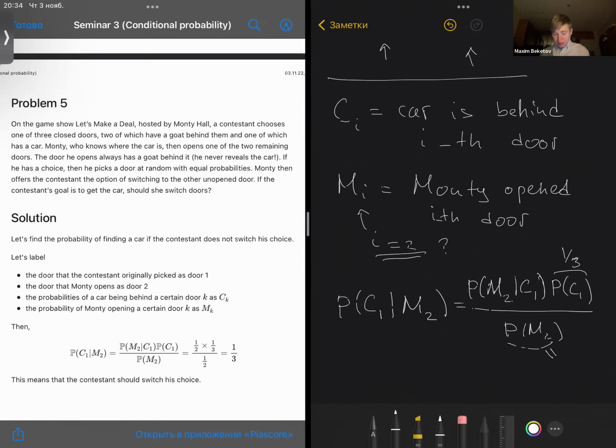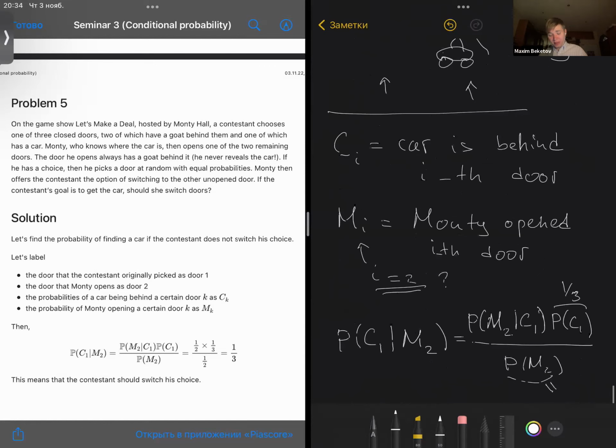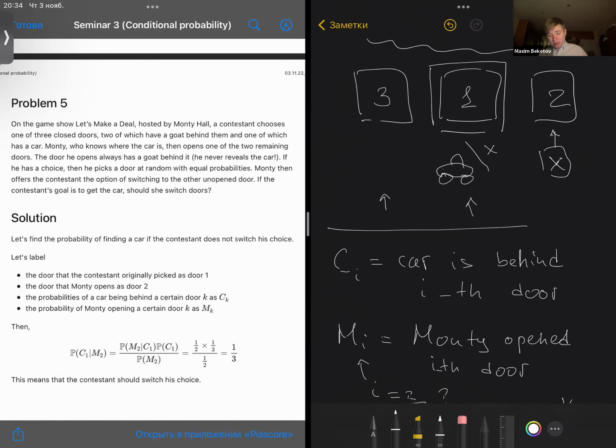The reasoning is that if it is independent of the car, then Monty has two doors to choose from, and the assumption here is that he uniformly picks.